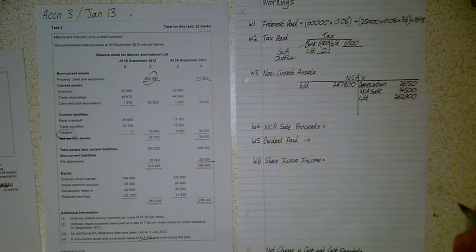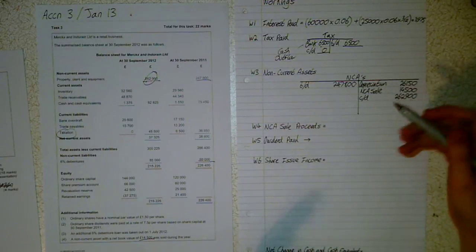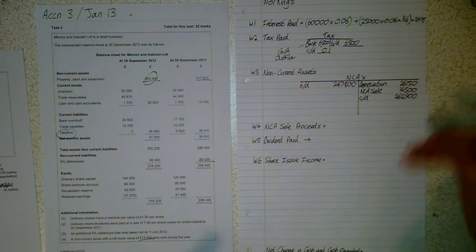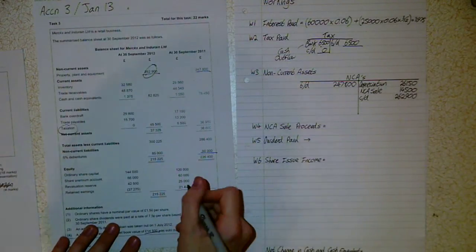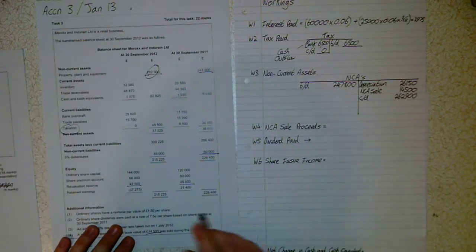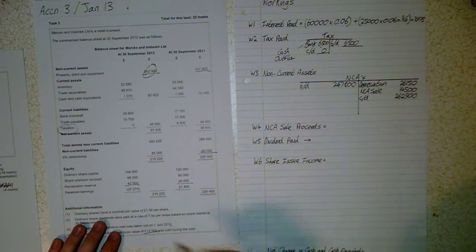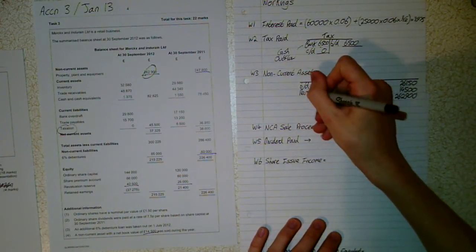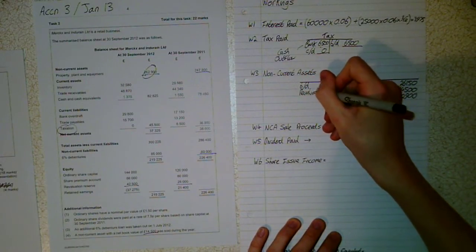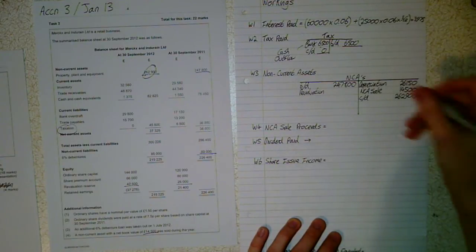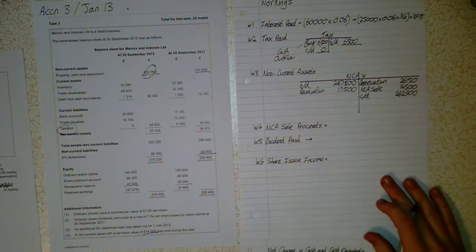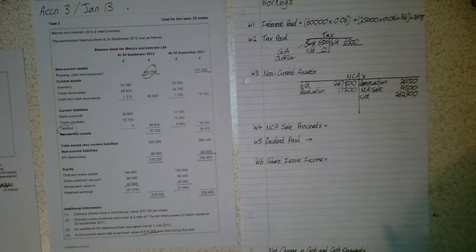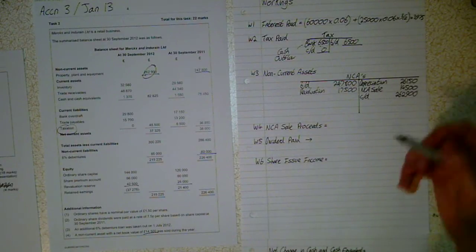So now I just need to work out how I'm going to find this figure for purchases. Well, first of all, there's a revaluation here. We've gone from 25 to 42,500. So we've had a revaluation of 17,500. So now what we can work out is the amount of the purchase.